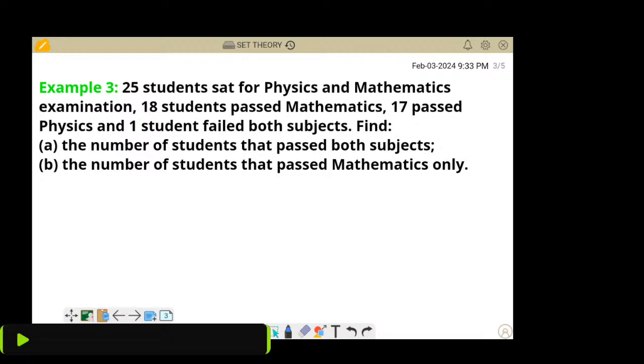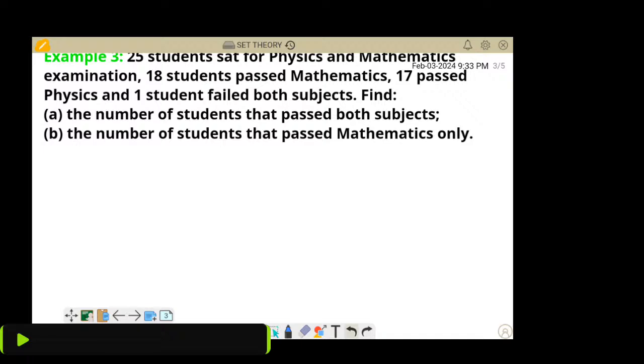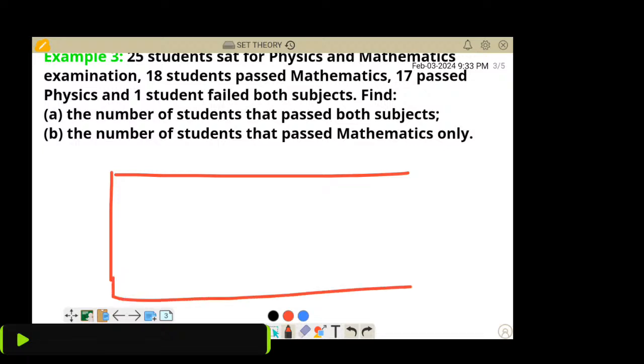Okay, I would suggest that we use a Venn diagram, though we can use some other approach in solving this problem. But I would suggest that we use Venn diagram so that we can talk about Venn diagram as well. Now, what is Venn diagram? A Venn diagram is this rectangular diagram that serves as universal set, in which we have all the other sets embedded in it.